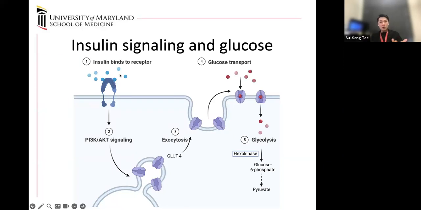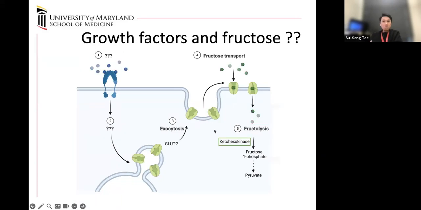Insulin is a growth factor, and when it binds to a receptor, it signals through PI3 kinase AKT to promote the cell to take in glucose. But to our surprise, in terms of fructose, we really don't know what the growth factors are that control fructose metabolism.